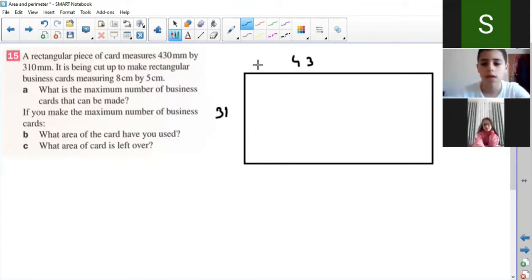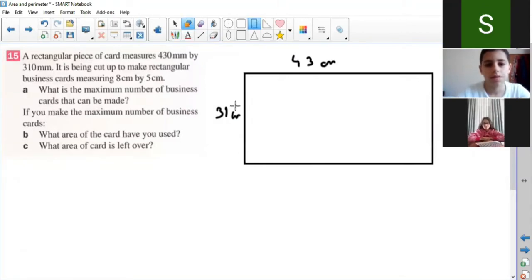Okay, now inside of this one, I have to cut some other rectangular shapes with 8 and 5 centimeter dimensions. Inside of this rectangle, I will cut some others like this.